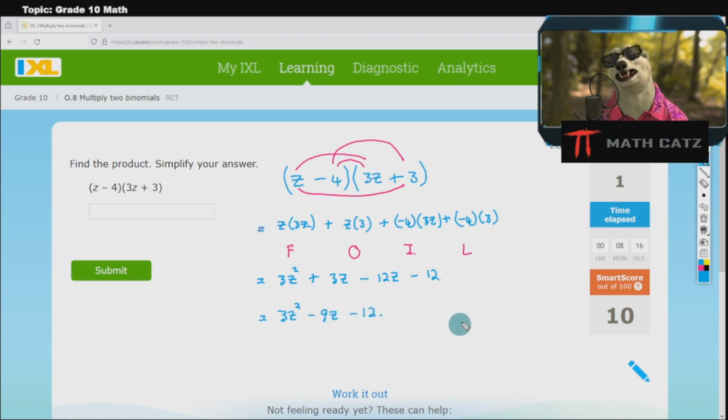And there we go. The FOIL is just a shortcut for what the distributive property is doing a little bit more slowly. So it is handy, but never forget that I'm understanding it first, because this does get more complicated, where foiling is really only for two brackets with two terms in them each.